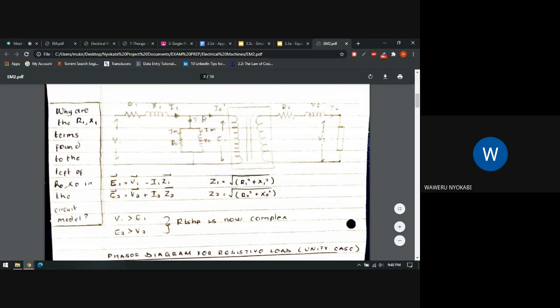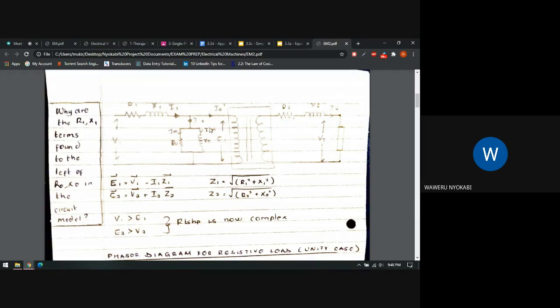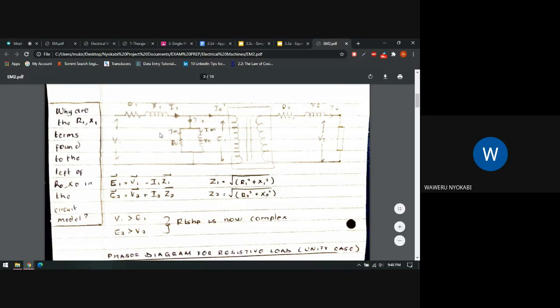If it was located here, then the impedance would only affect I2 prime, and that's not what we need here for now. So it has to be located here so that this impedance affects the whole current, including I0 and I2 prime. So that's the reason why.